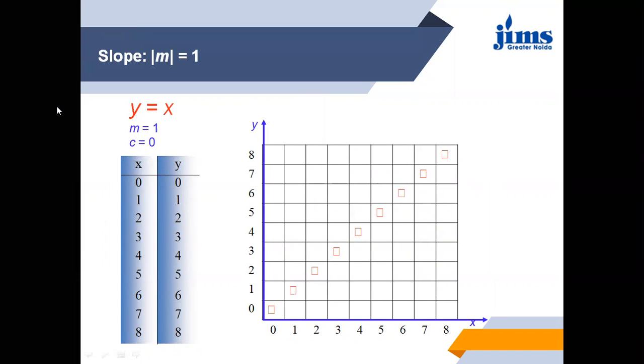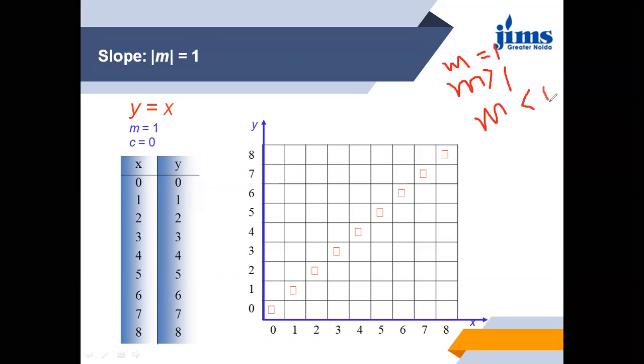Now I will tell you what happens when the value of m, meaning the slope of the line, is 1. We discussed the three conditions in the last slide: the value of m is equal to 1, the value of m is greater than 1, and the value of m is less than 1.